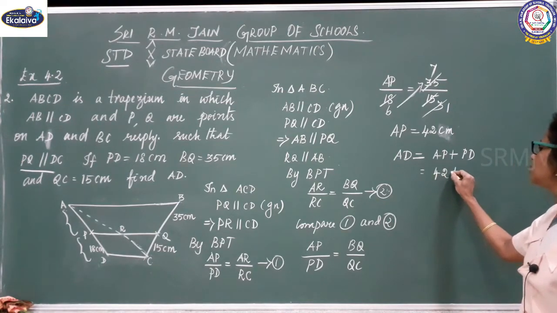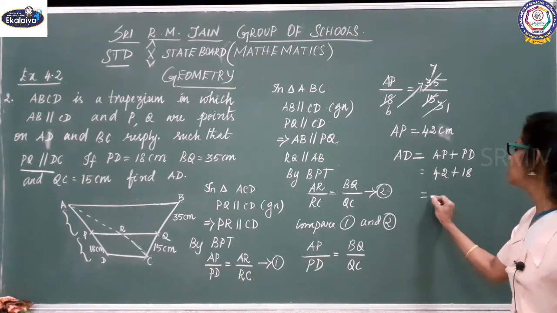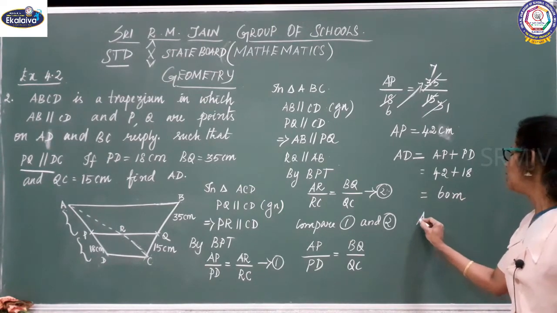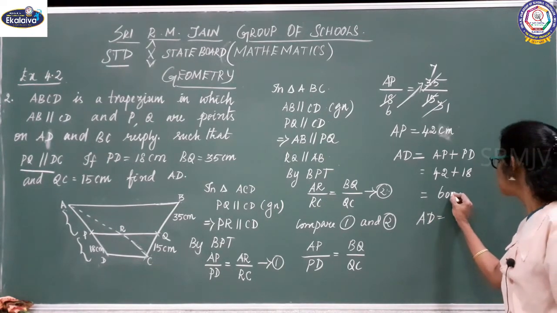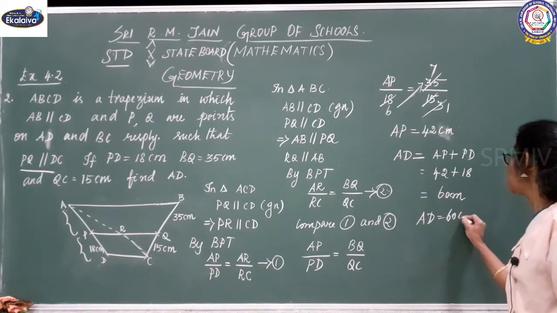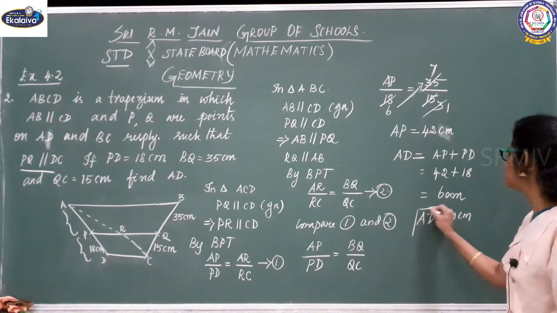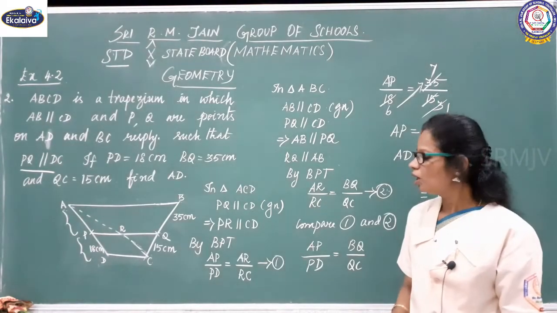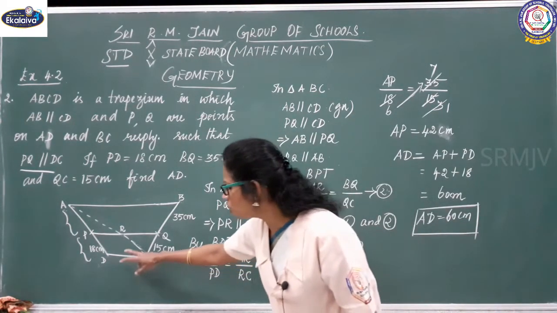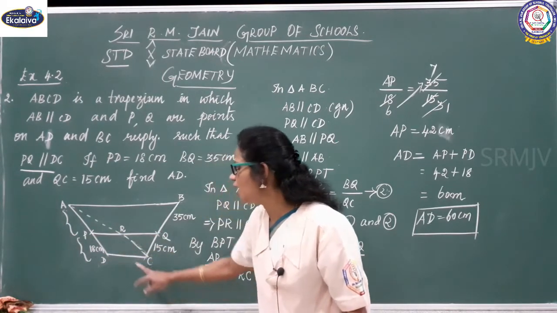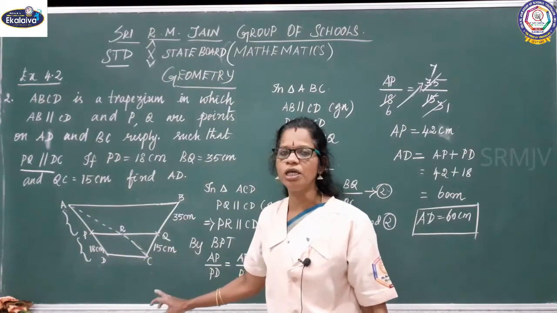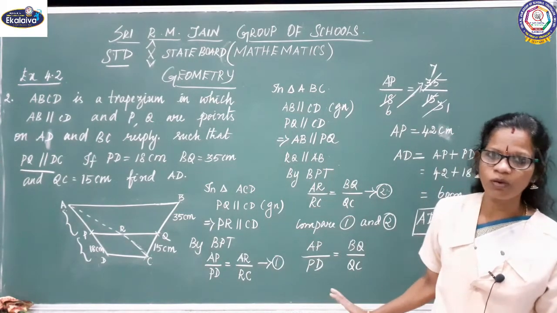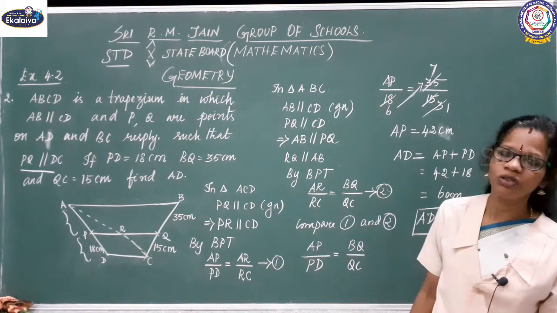PD is given as 18, which gives 60. AD equals 60 centimeter, because the units are given in centimeters, so the same unit only you can use. Got it, children? Two triangles you are taking, one is ACD, another one is ABC. Using BPT, we arrived at the result AD equals 60 centimeter. Got it?